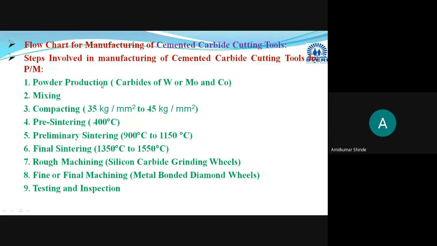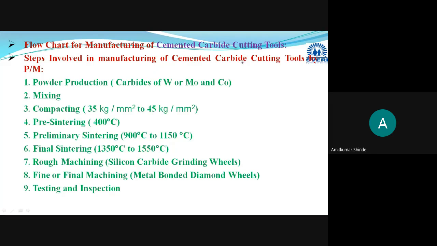There are three types of sintering operations and two extra types of machining operations. That's why you will find it a little bit lengthy, but it is not lengthy, just different types are there. Now we will start with the powder production.